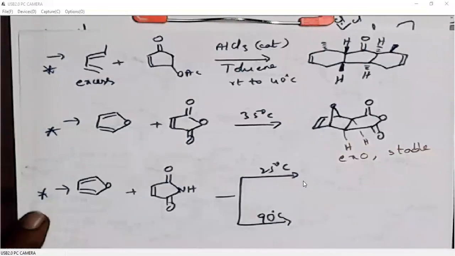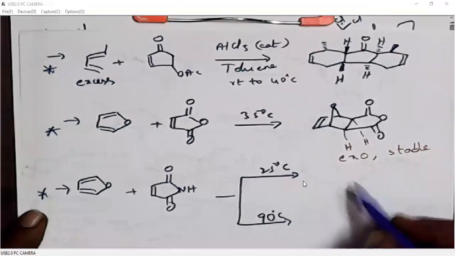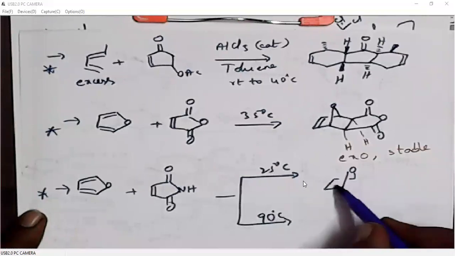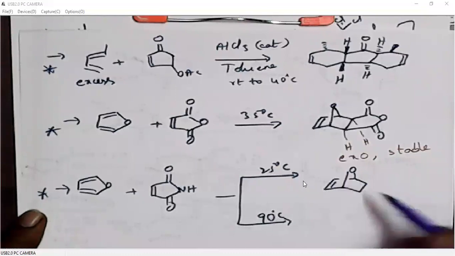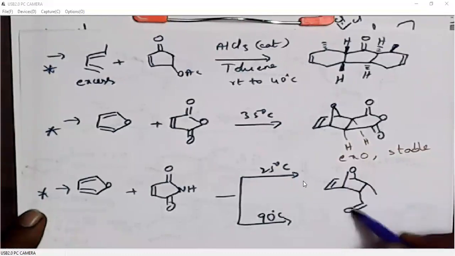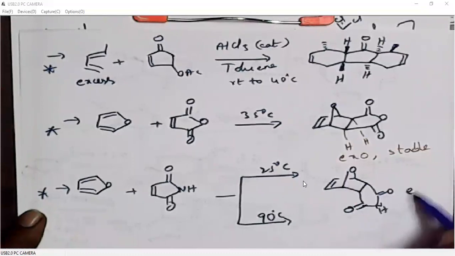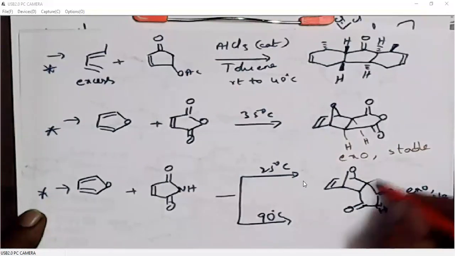At 25 degrees centigrade, the exo product is stable, so we will get the exo product only. So what is the exo product? Succinimide, right? So this is the succinimide, exo, stable. Hydrogens will be above the plane.